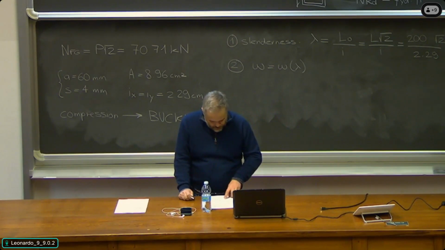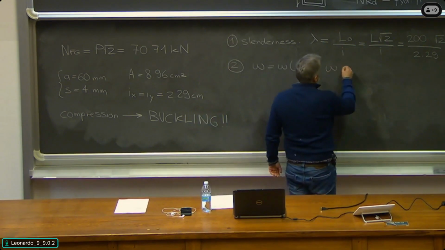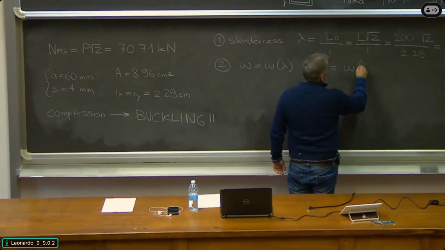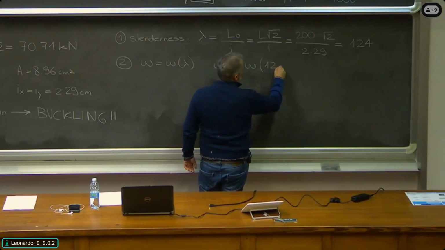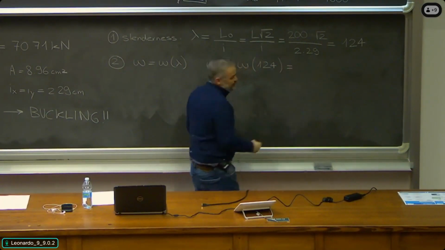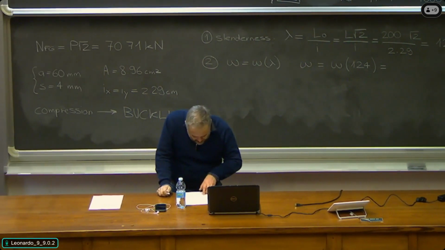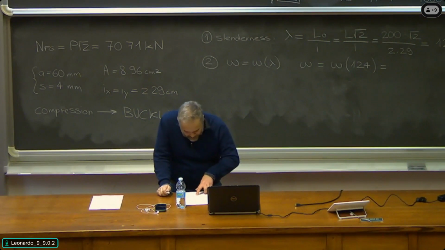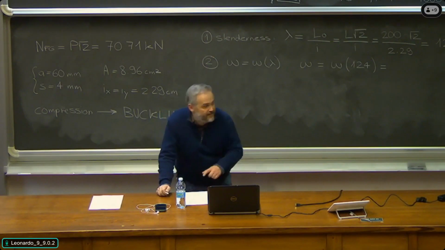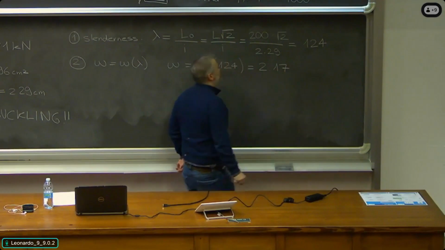Oh sorry, I said 124, and then I said 125. The omega you get is, first one 206, 209, 212, 214, 217. Can you locate the number in the table? 217, so 2.17.